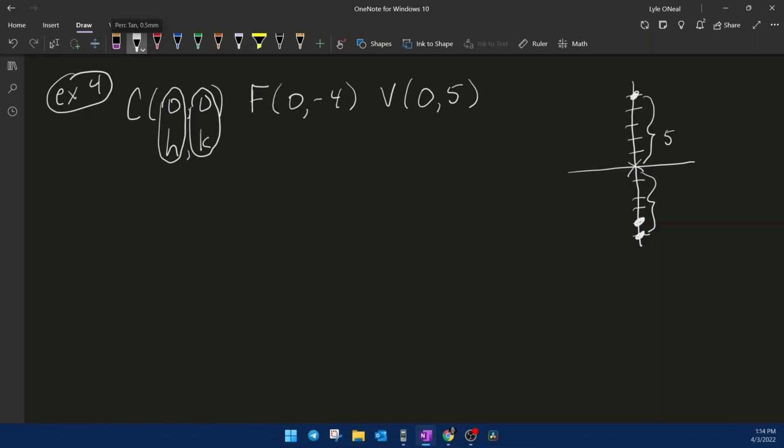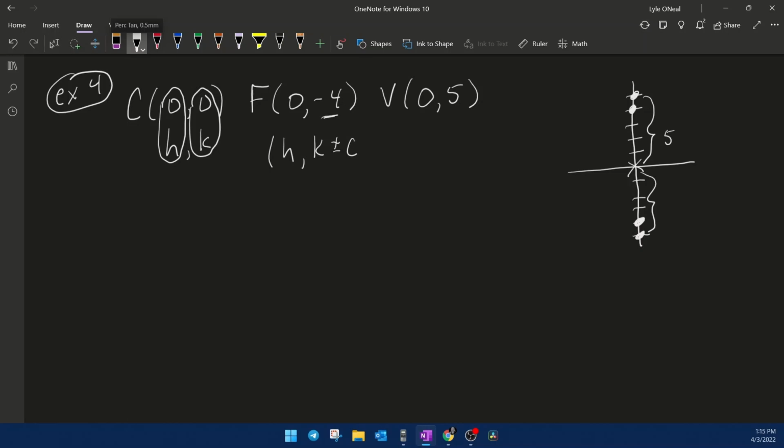And from the focus, knowing that the ordered pair they gave me is at 0, negative 4, the foci are going to have to be symmetric around the origin. So our other focus is going to have to be at 0 and 4. Remember that we said that the formula for the foci were going to be h comma k plus or minus c.